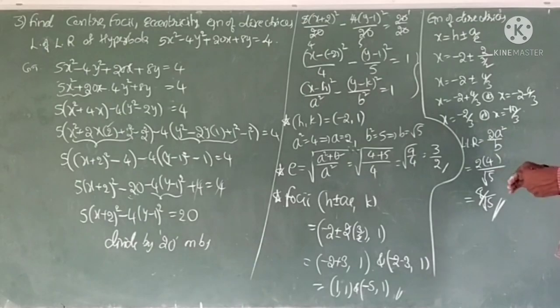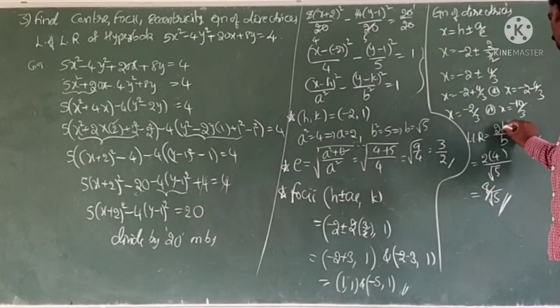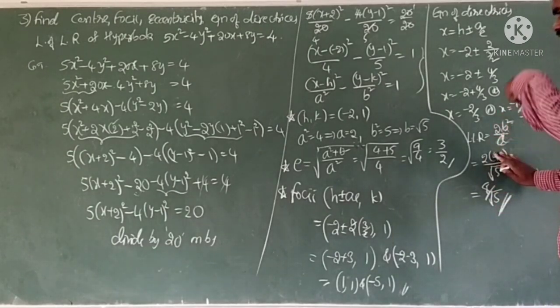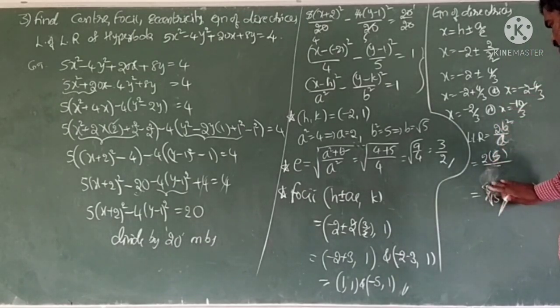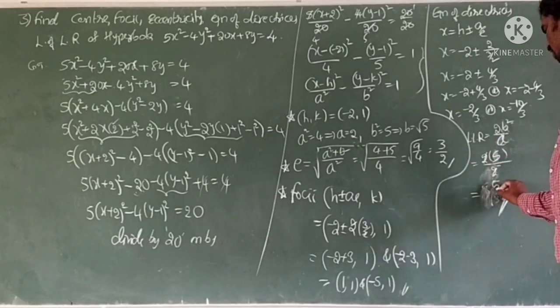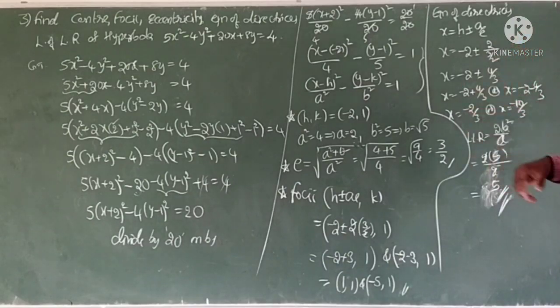So this is the way of finding. Sorry, here the length of latus rectum is 2b square by a. So b square value is 5, and by a means the 2 gets cancelled. The length of latus rectum is 5. So this is the third question.